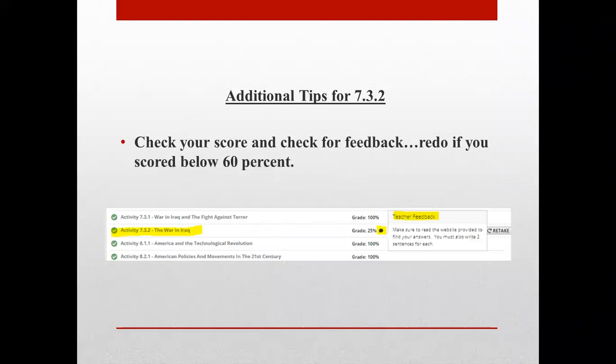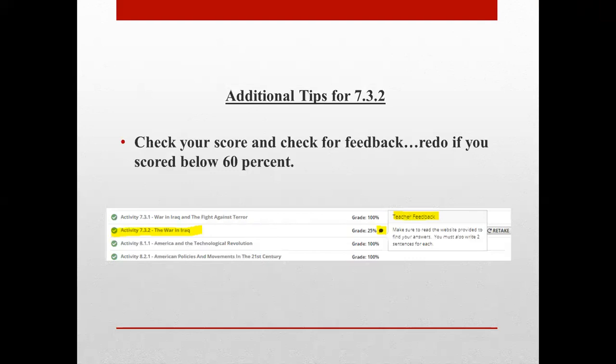So again, if you scored below a 60%, always redo assignments, because that could eventually bring you down to a point where it might be the week that your class is due and you're below a 60%. That's really going to set you back, because you have to have a 60% or higher for a class to count, or to even pass a class and to take a final. So always make sure that you score above 60% on your assignments.